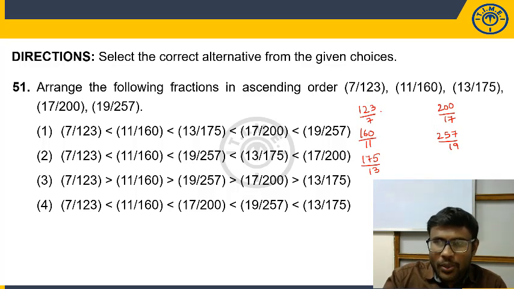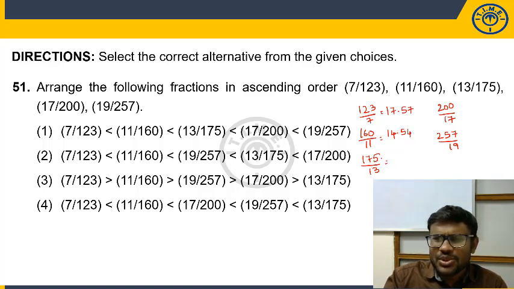Now 123 by 7 is approximately 17.57. And 160 by 11 is 14.54.